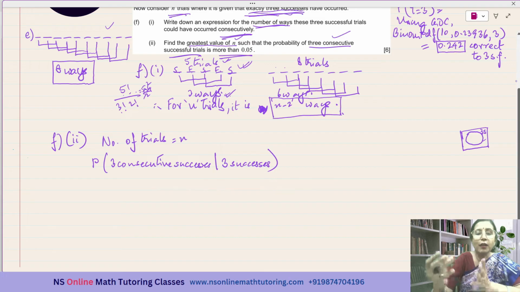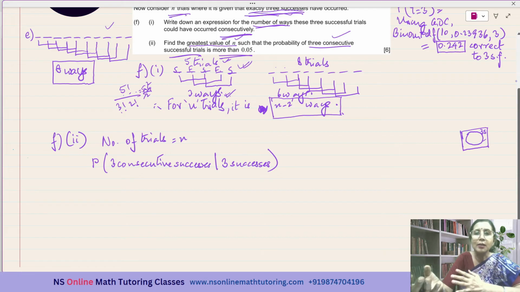So always when you have 3 successes in a number of trials, the number of options that you will be having, and if you impose another condition that you are taking only 3 consecutive successes, the number of options will be definitely less than the number of options that you had previously.